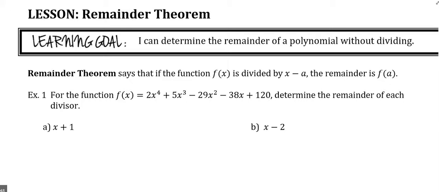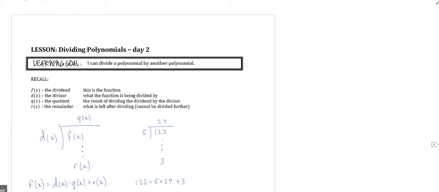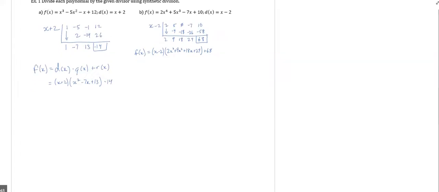It says that if the function f at x is divided by something like x minus a, like when we did synthetic division the other day, I'm going to show you an example. Here's our synthetic division note.